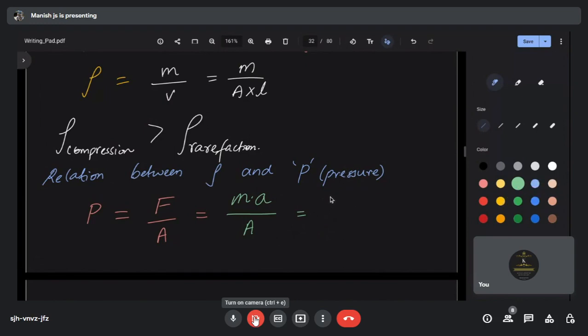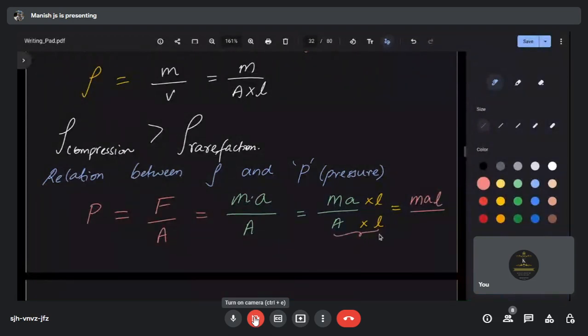So if I multiply by length, what happens? On top there is m into a, below there is area. So I am multiplying by length on both numerator and denominator. Then you get m a into L, mass, acceleration into length, divided by area into length.